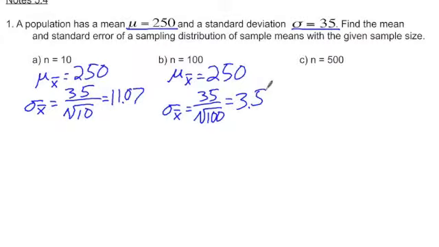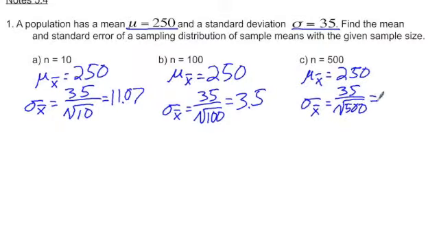Now finally in part C, again, our mean will be the same as the population, 250, and our standard error is the standard deviation divided by the square root of the sample size, and this time it comes out to 1.57. Right, so we can see our standard error is getting smaller as our sample size is increasing. So our sampling distribution is clustered more around the population mean.